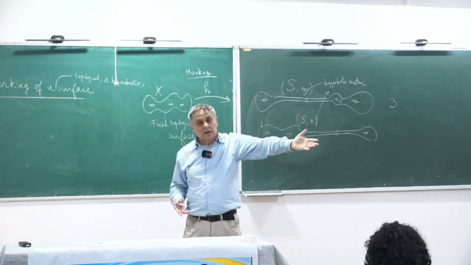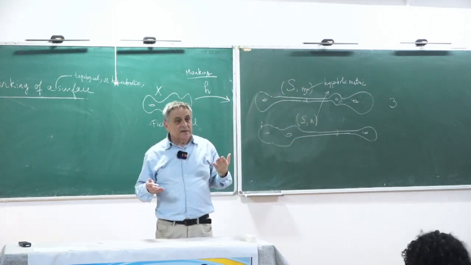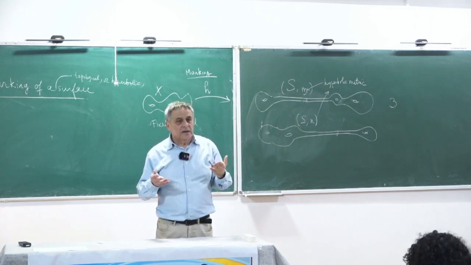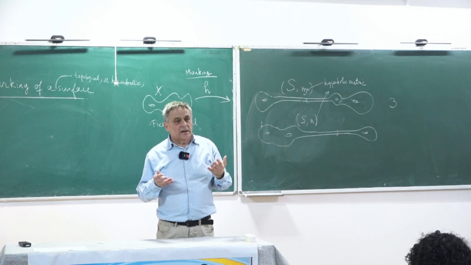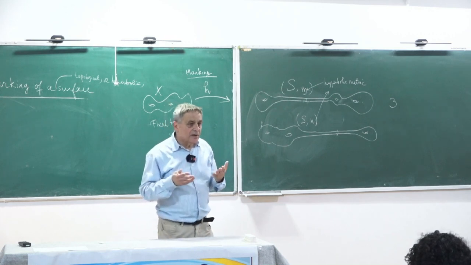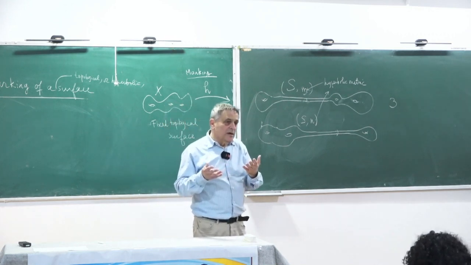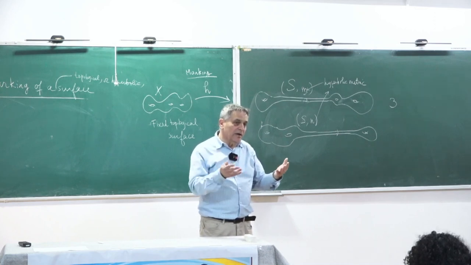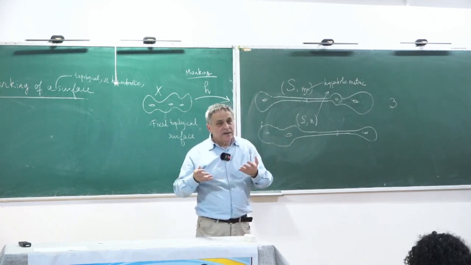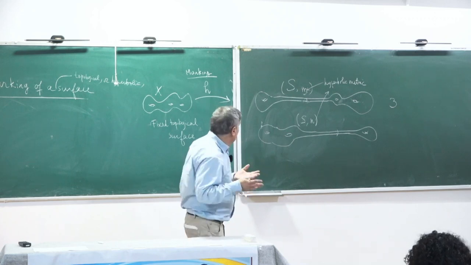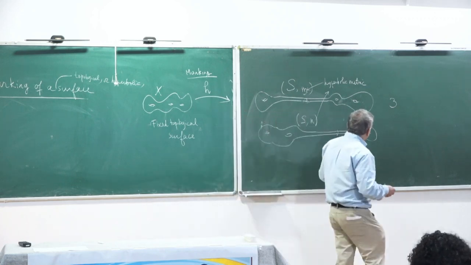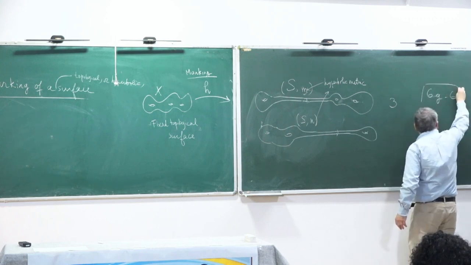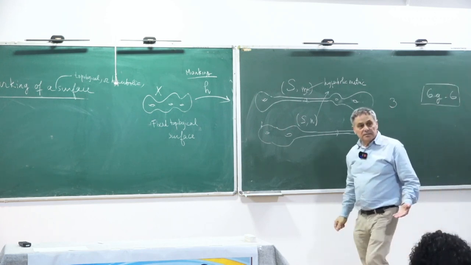If you think of a hyperbolic surface as a Riemannian metric, you have a scalar product on each tangent space. Then you can move the scalar product from point to point, and you can deform it in infinitely many ways. So there's no way that the resulting space is of dimension 6G minus 6, like we said last time.